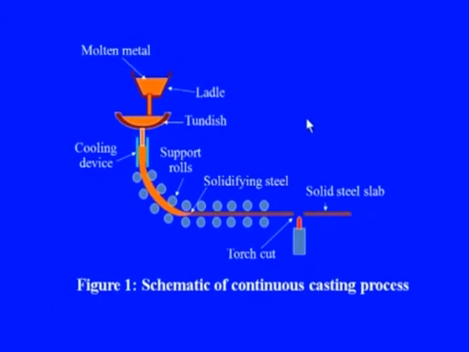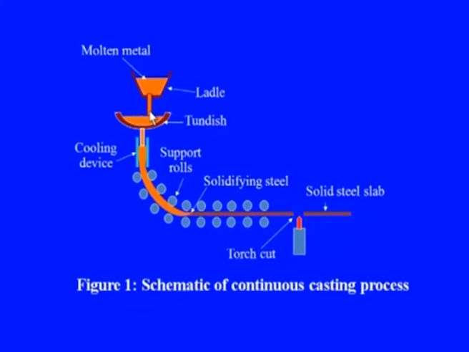The horizontal process, on the other hand, provides greater flexibility and larger lengths. This is a common schematic representing the continuous casting process. This is the tundish, which receives molten metal through the ladle where molten metal is poured.